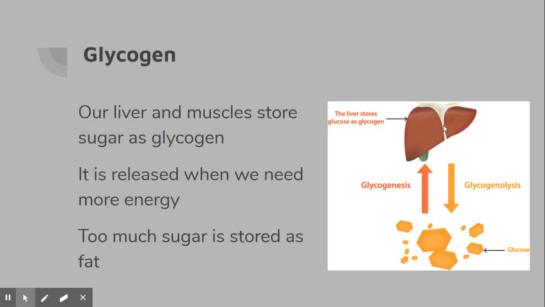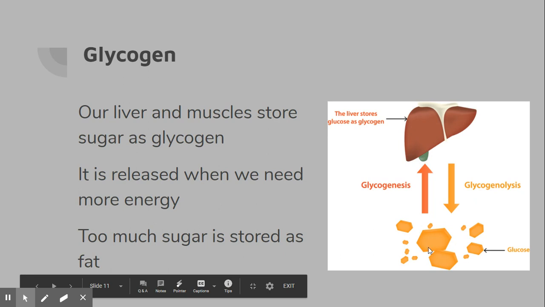Glycogen, like we said, is stored in animals in the liver so that when we need energy quickly, our body will perform glycogenolysis, which is the breaking down of glycogen. So our liver will break down the glycogen and release glucose for quick energy.